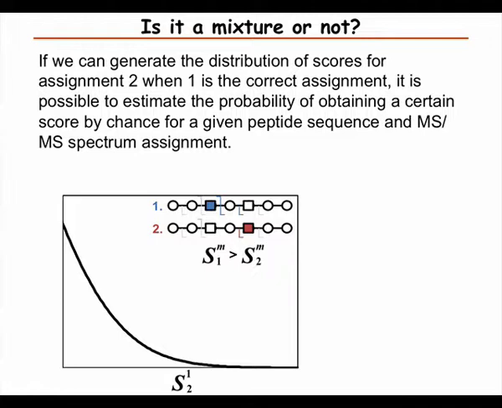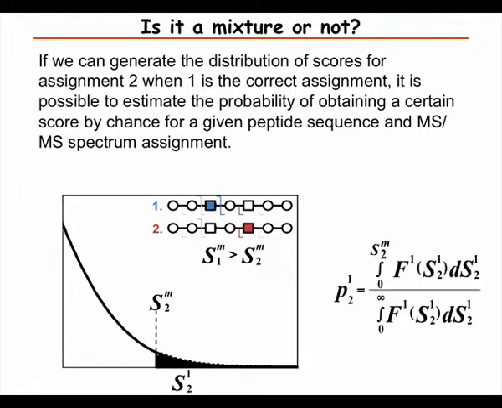sampling the random space, and that is still a work in progress, and we haven't really worked out how to do that properly. We have some ideas, but it's still not there. But this would be the way: if we could do a really realistic simulation of random spectra, then this could be a way to answer the question, is the first one correct and is it a mixture?